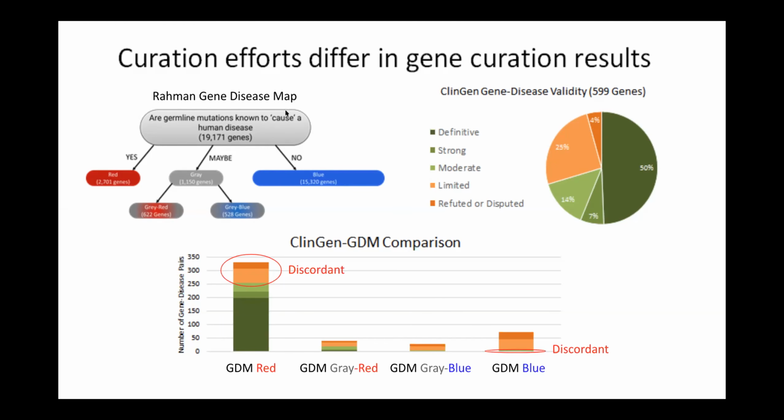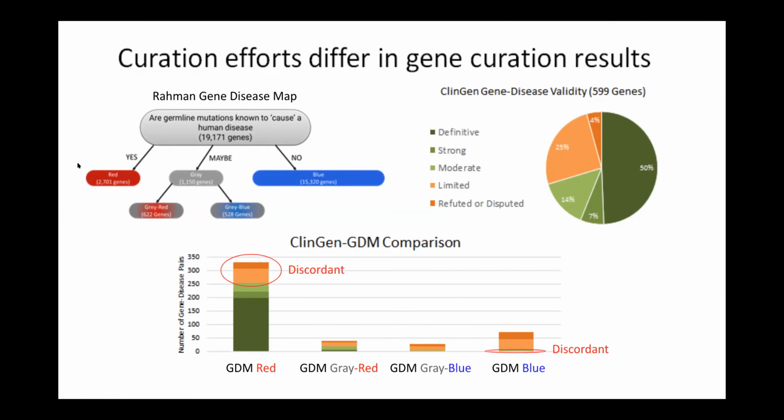In this case, the Gene Disease Map was really just a very broad yes or no: is a gene potentially associated with disease? And as you're all quite familiar with, the ClinGen gene disease validity framework is very granular. And if a gene has multiple diseases, it may have multiple curations. So already you can see why there would be some differences across these curation efforts.